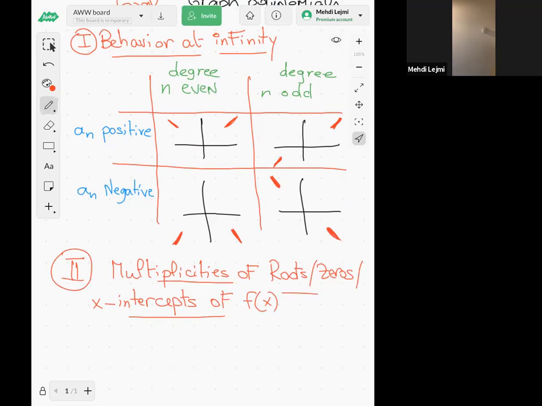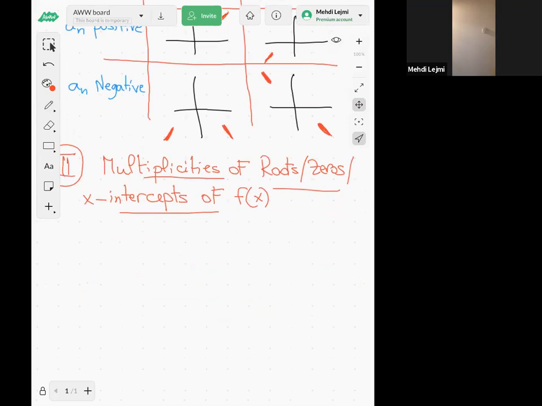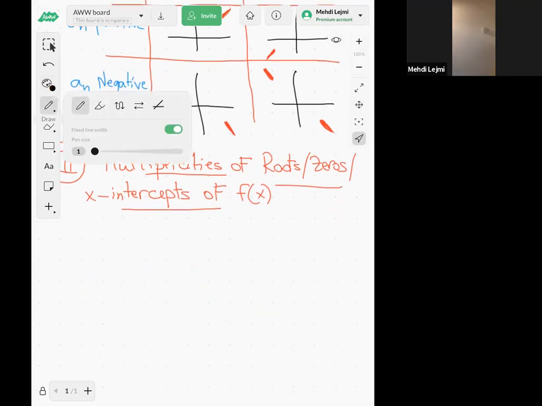Let me quickly remind you what I mean by roots or zeros or x-intercepts. The x-intercept is just the intersection of the graph with the x-axis. The roots or zeros are the solutions of f of x equal to 0.